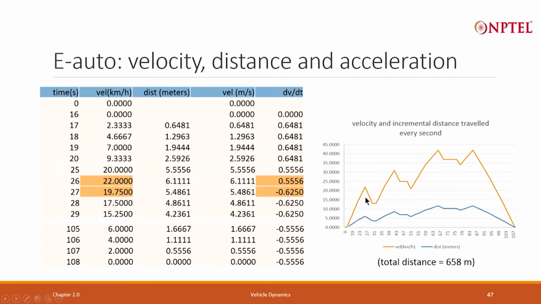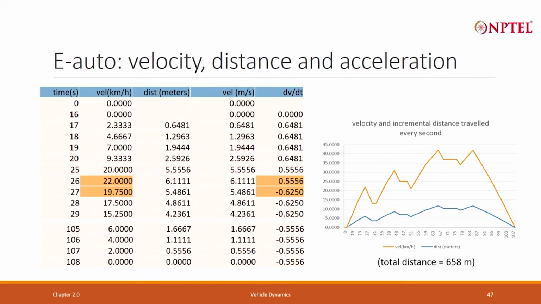This is the actual velocity at every second. It starts, goes to top velocity 42 kilometer per hour and goes to 0. And this gives you the incremental distance, and if you integrate the total distance, you find that you travel 658 meters. Now, this 658 meter is a single drive cycle in about 108 seconds, 2 minutes.